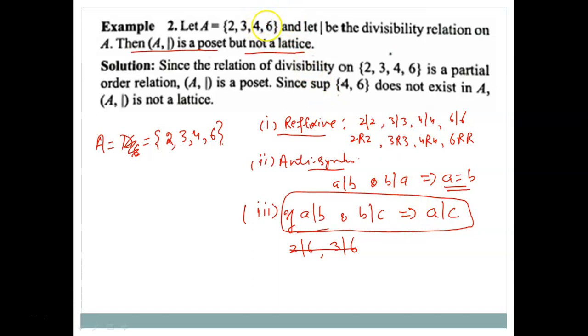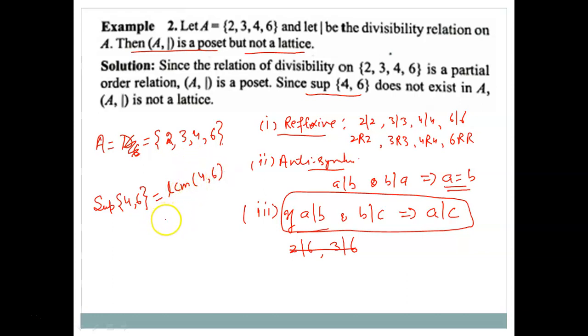Now we talk about the supremum and infimum of every pair of elements. For example, consider the supremum of 4 and 6. In my last lecture, I told you that when finding the supremum in the case of the divisibility relation, supremum means the LCM.